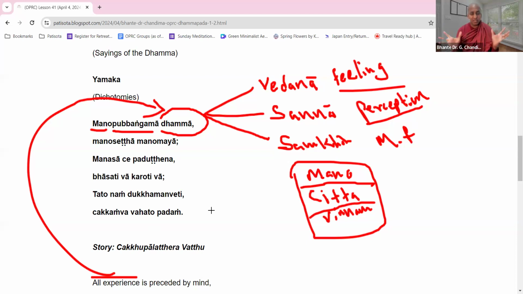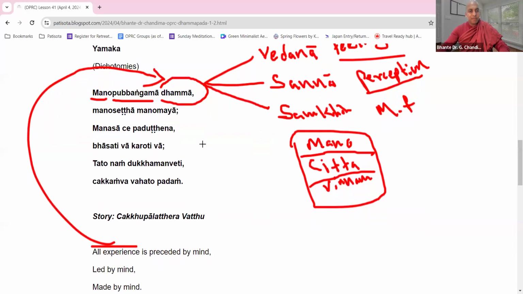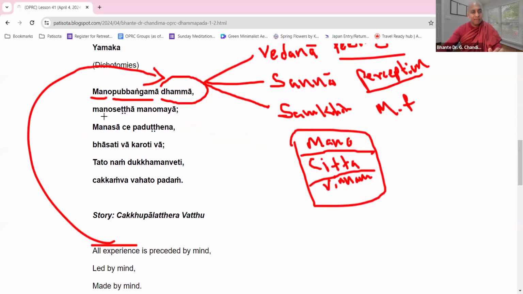So mano is the sense faculty. As you understand, all these experiences, whatever good experience in our life or bad experience, maybe a mixed experience, they all are preceded by the mind and its operations, which go into chittas and vijnana. All right. And mano setta, they are led by the mind.